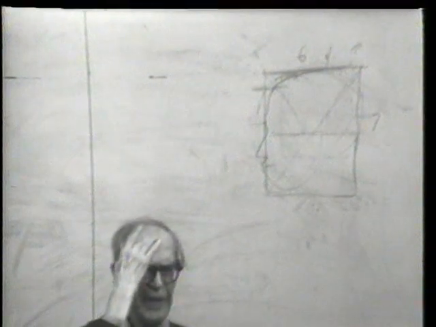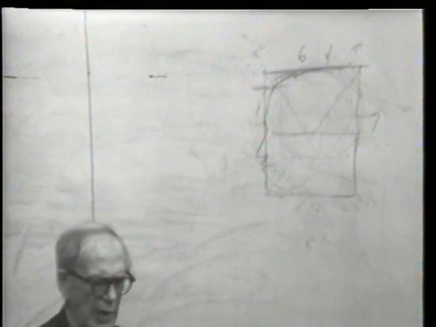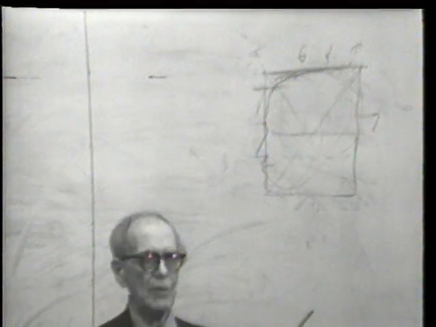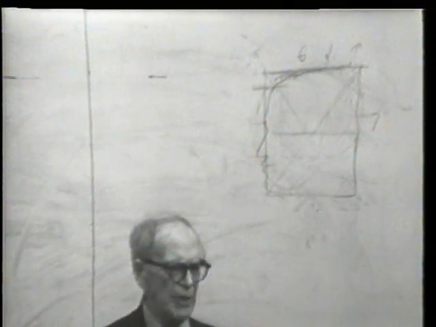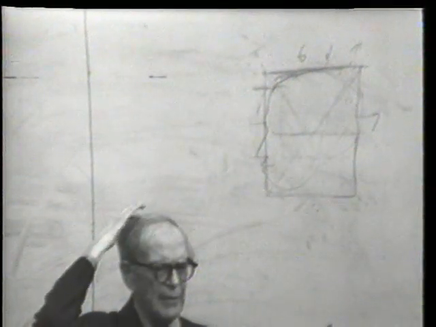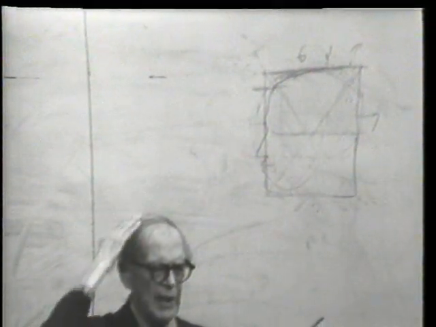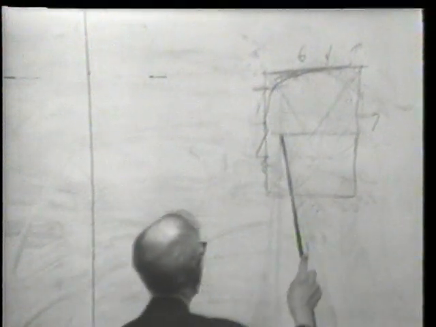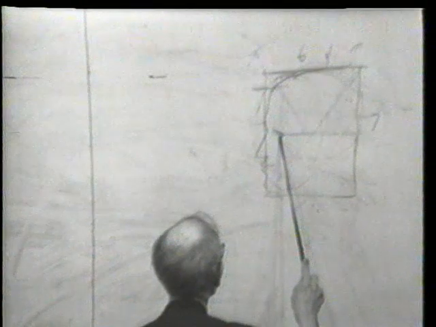They always draw them up here someplace. I've never figured out why, except maybe they remember the days when they looked up at their mommy and daddy or something like that. I don't know. But just, you see, the top of the head is way up here. And the eyes are about halfway down on the average head. So we could feel the eyes about there.